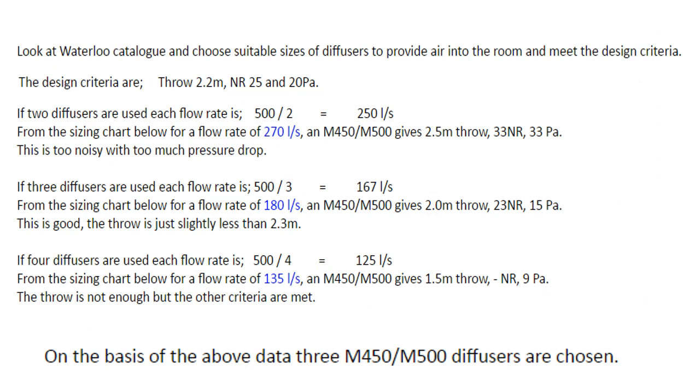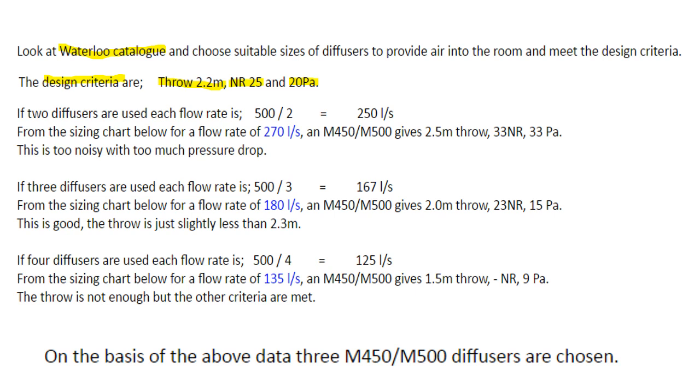Alright, this is the calculation. The table just now is the Waterloo catalog, and the design criteria is already given, which is we should have a throw of 2.2 meters, noise control level 25, and the pressure drop should not exceed 20 Pascal.